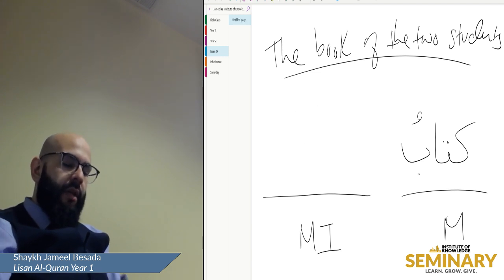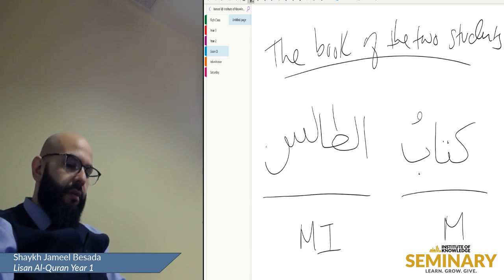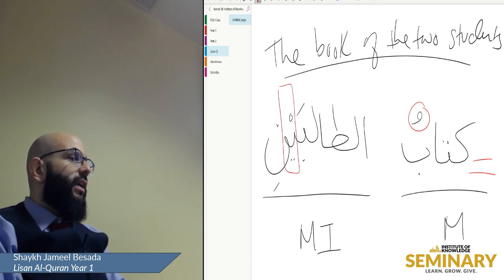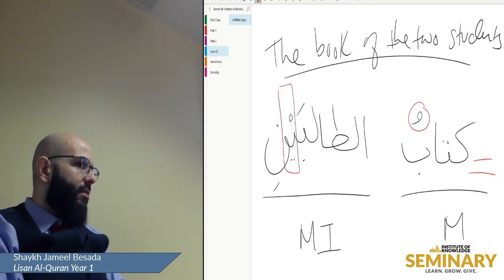Okay. Kitabu at-talibaini. Okay. No alif lam, no tanween, and ya to express the state of jar for the dual. Kitabu at-talibaini. The book of the two students.